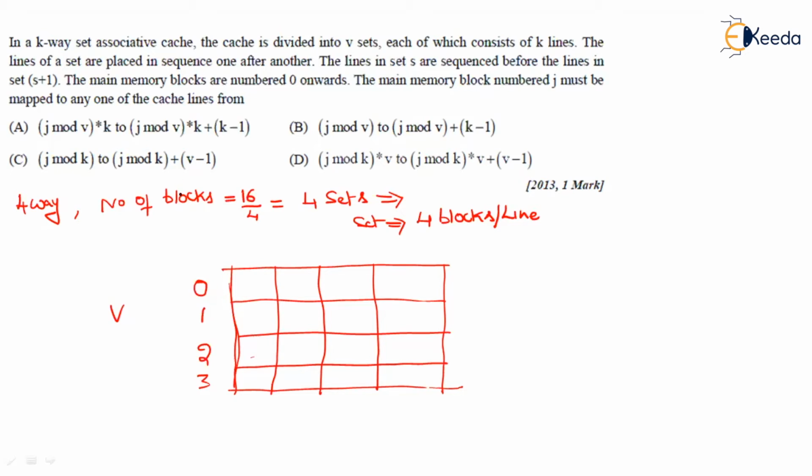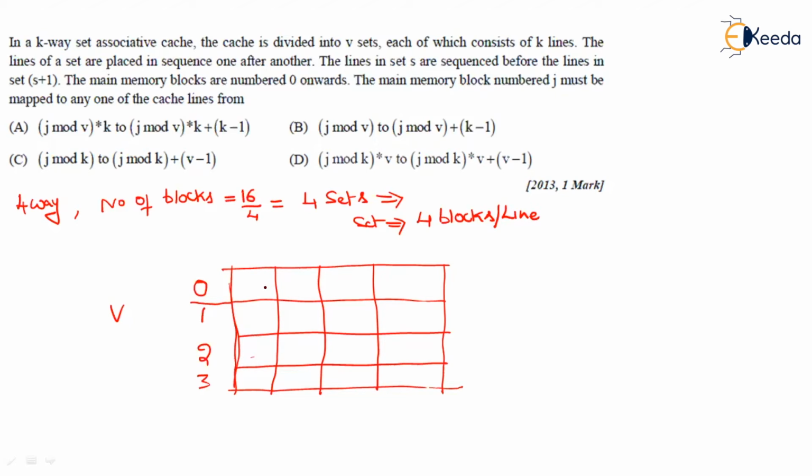Now here, the lines of a set are placed in sequence one after another. These are the lines of a set, right? These are the blocks of a set sequenced here. Here, this is a customized question. Generally, there is no restriction of labeling the number for the lines. For example, this is the 0th set, right? In the 0th set, how many blocks are there? There are 4 blocks, 1, 2, 3, 4.